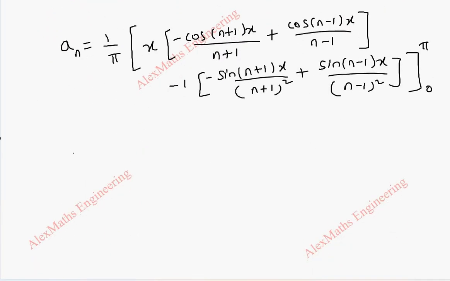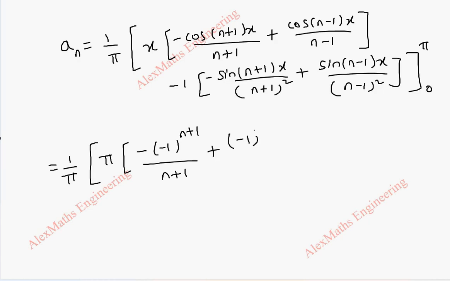Now let's substitute the upper limit. This will become pi into minus of cos(n+1)pi, which is (-1) whole power n+1 by n+1, plus (-1) whole power n-1 by n-1, if I substitute for the second term.